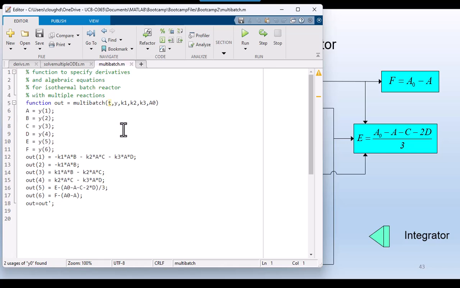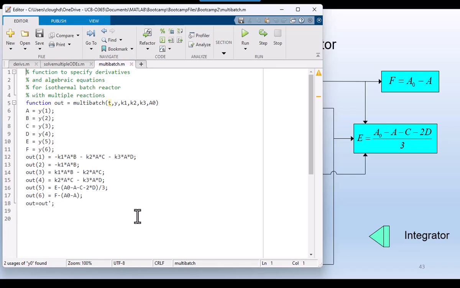And then for the first 4, A, B, C, D, we have the differential equations. We unpack it here into our common variables, to make it more easily understood. And then the last 2 represent the stoichiometric relationships set equal to 0 by shifting things to the left side of the equal sign.